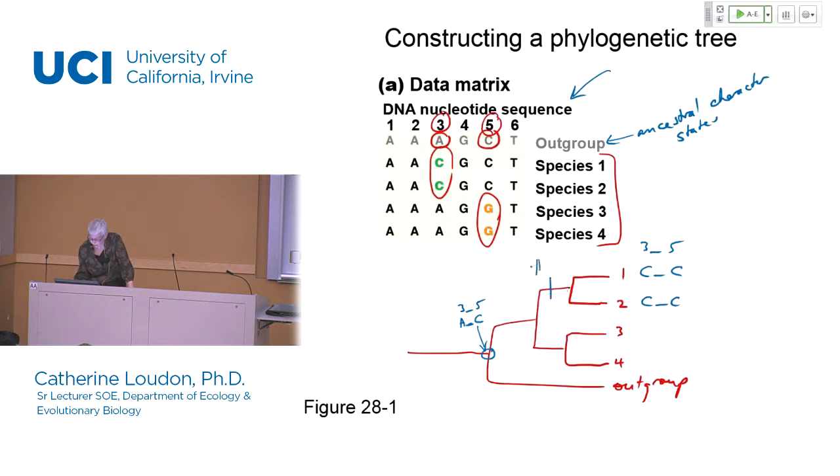If we have a substitution or a change from A to C at nucleotide position number 3, then we end up with the C at both nucleotide 3 and 5 for both species 1 and 2. Is everybody following that? Right? In the absence of a change, you just assume that it stays the same.